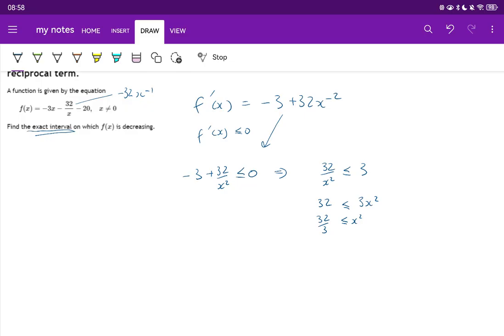Well, that's going to be true if x is bigger than the positive square root, or if x is less than the negative square root.